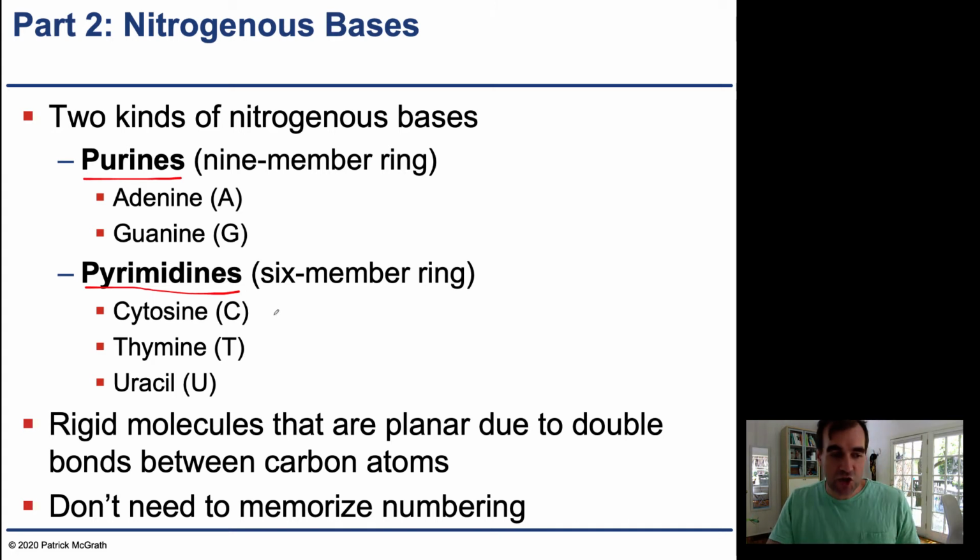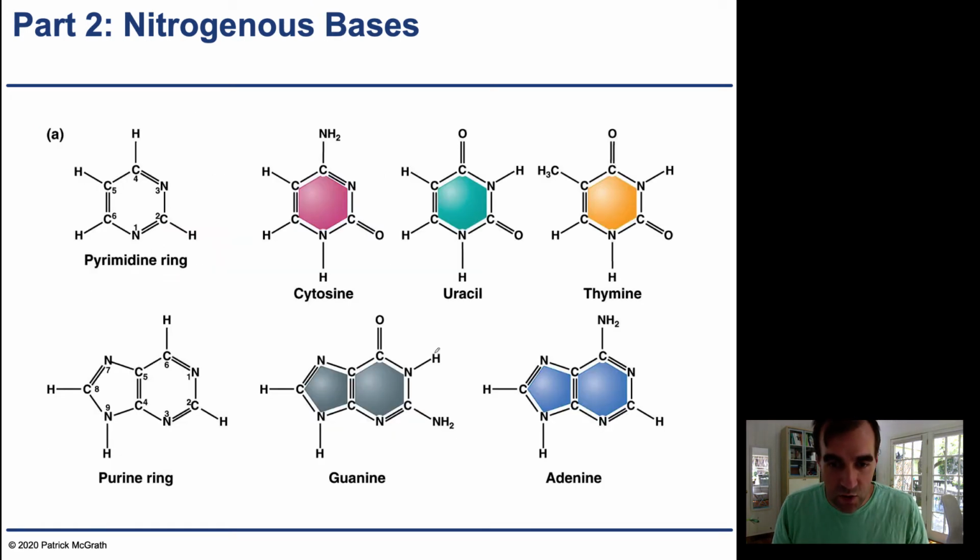Unlike sugars, these are very rigid, planar molecules, and that's due to double bonds between the carbon atoms. You don't have to memorize the numbering of these, but you should be able to distinguish the pyrimidine ring and the purine ring. Just remember that for pyrimidine, the word is longer, but it's a much smaller molecule, so it's kind of opposite.